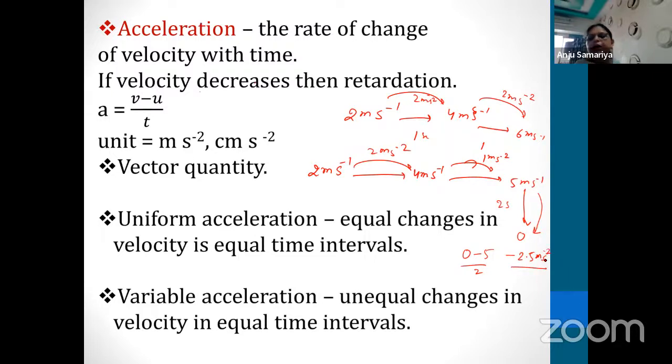So now this is retardation. Negative acceleration is retardation. When a body comes to rest, it is retarding. When a body slows down, it is retarding. When a body speeds up, it is accelerating.